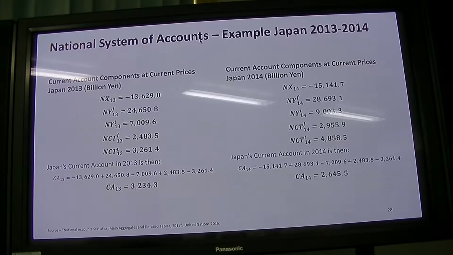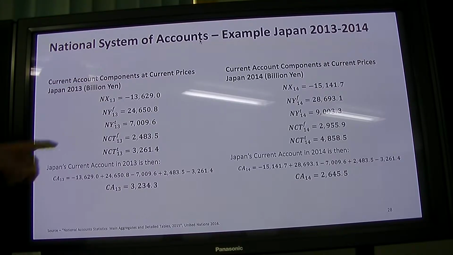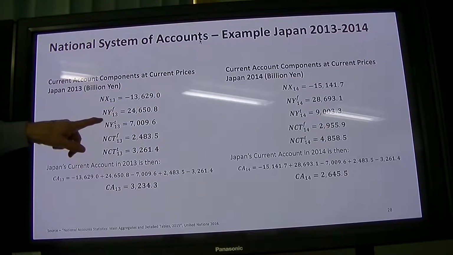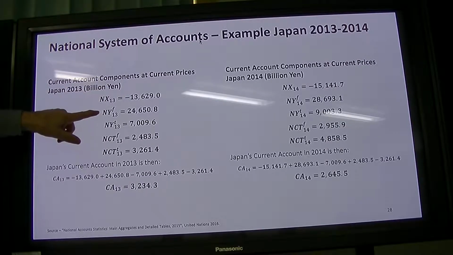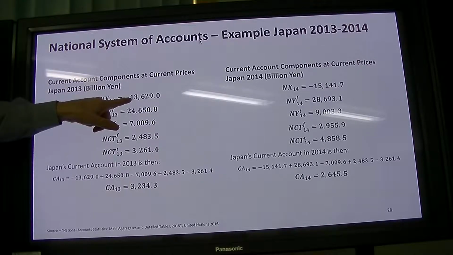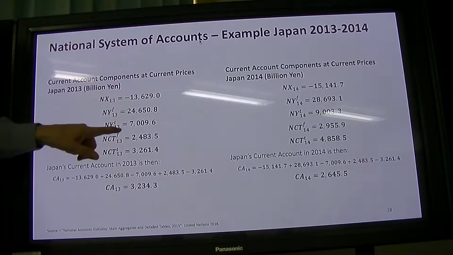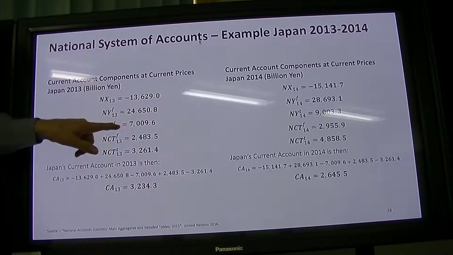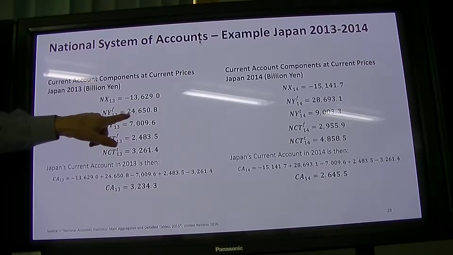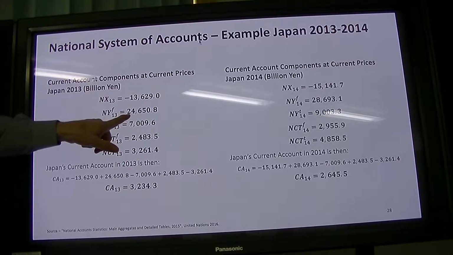So we can calculate that for 2013 and 2014. We have net exports, then we have those payments. That's 13 trillion yen of negative net exports. Then the payments from the rest of the world are 24.6 trillion yen. So that's a positive.